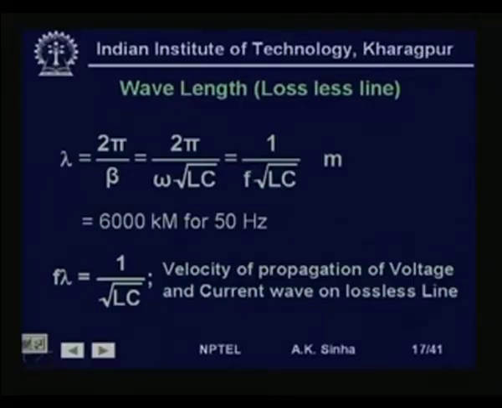Now, if lambda is the wavelength of the line, then lambda will be equal to 2 pi, which is 360 degrees, divided by beta, the phase constant of the line.